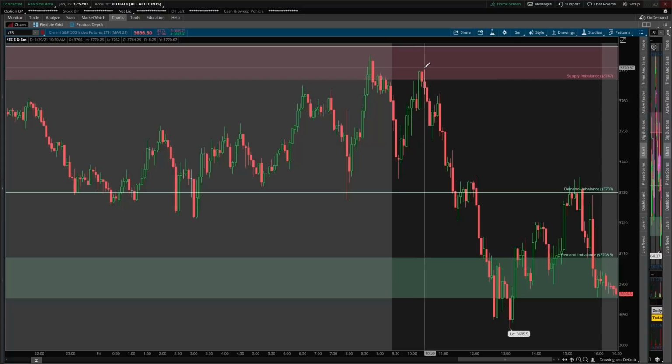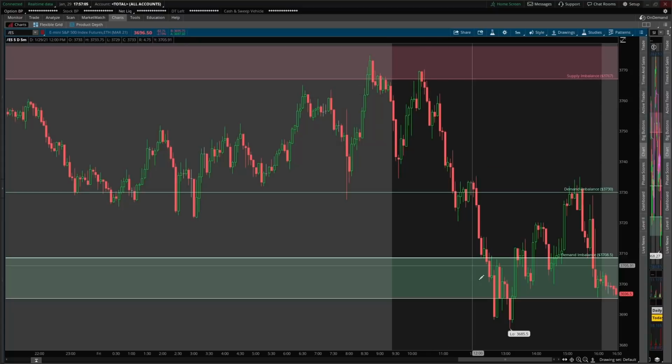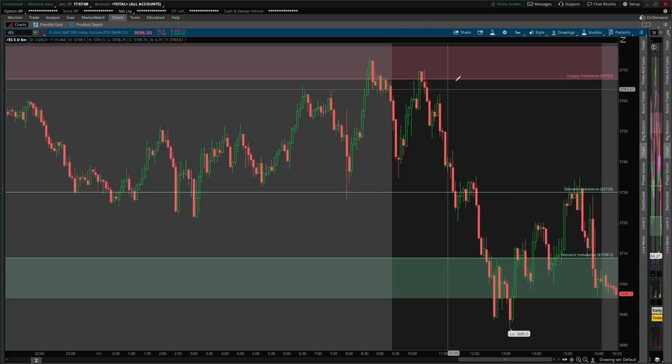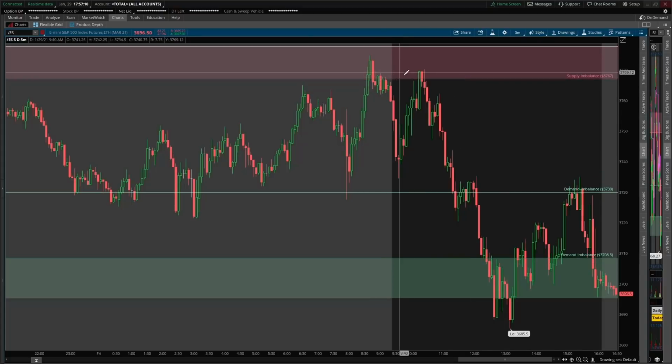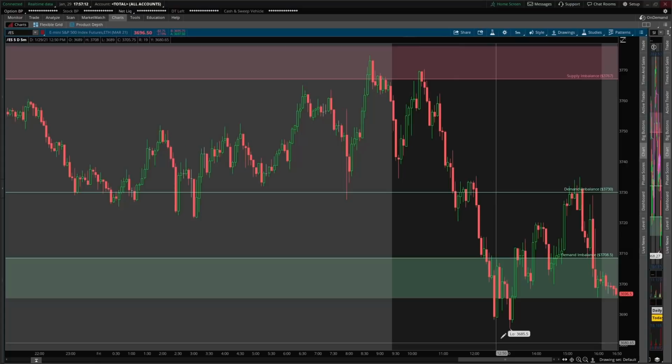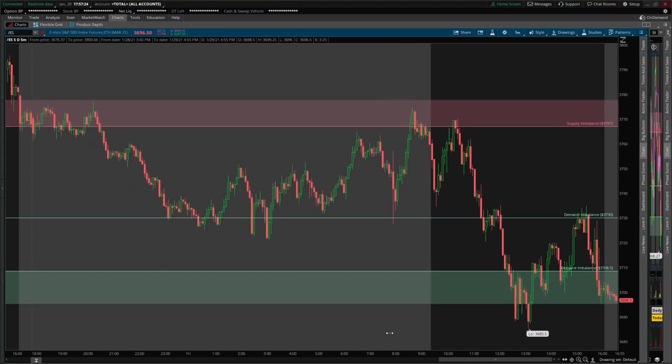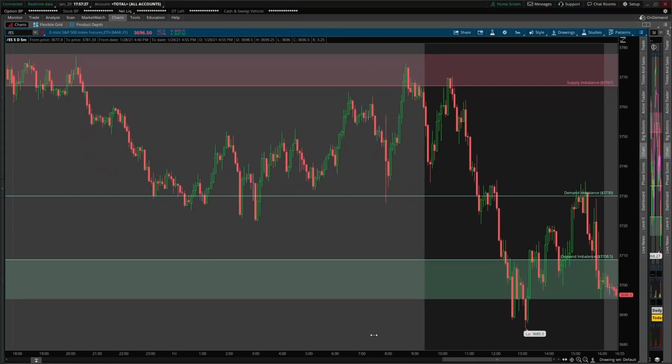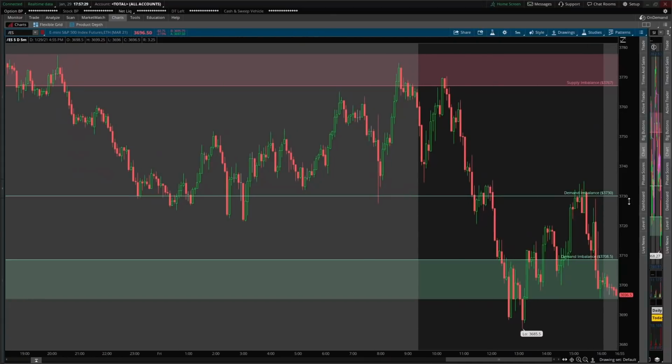Obviously, this is an imbalanced market. As the market moved down, we had a nice selling order imbalance up here at a supply zone. But because we're moving in such a large, widespread range, this is almost a 100-point drop from low to high, about 90 or so points. So there's volatility here. You could tell, again, by different instruments, by different little telltale signs that we look for. But this is what an imbalanced market looks like.